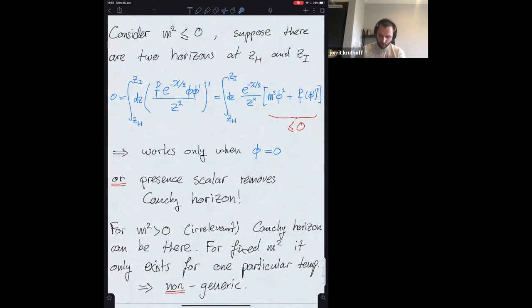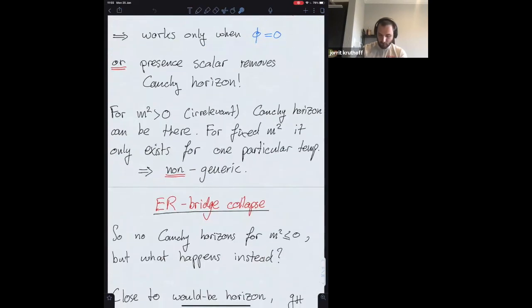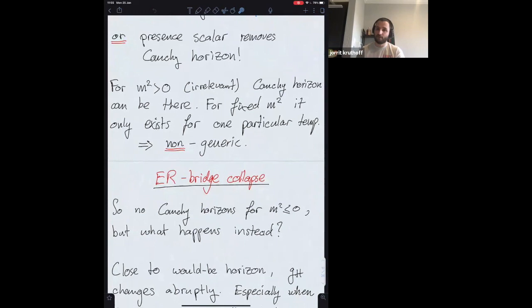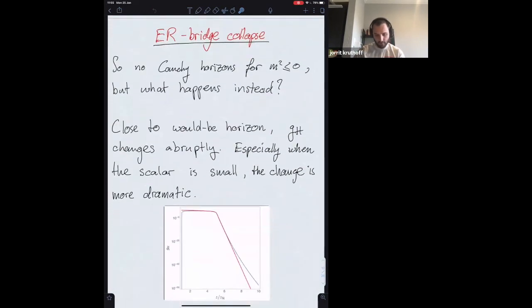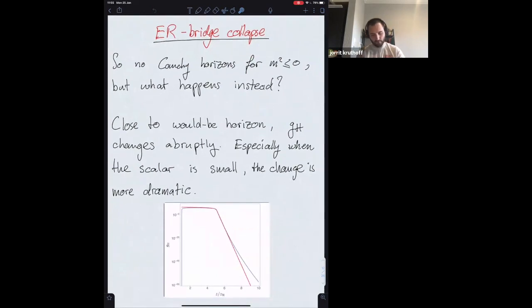All right. So if we don't have the Cauchy horizon, then the question is, okay, what happens to the geometry instead? What type of dynamics happens in the interior instead of the Cauchy horizon? And what happens is what I plotted here in this plot.